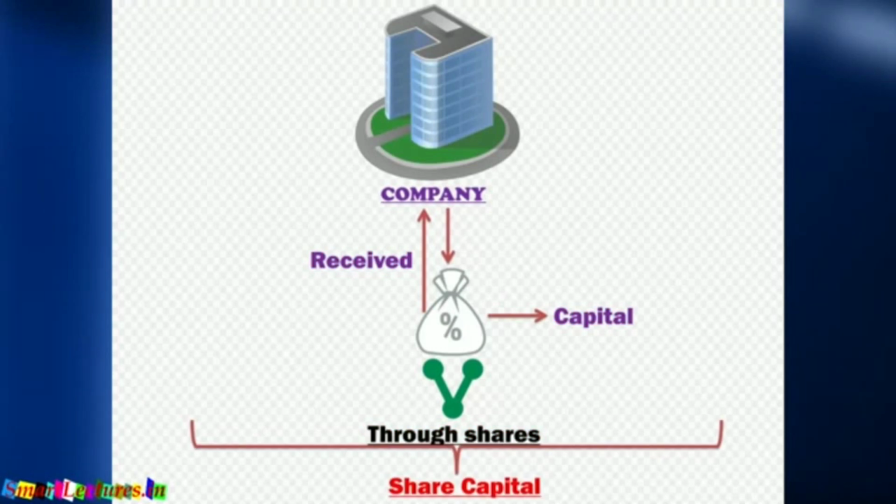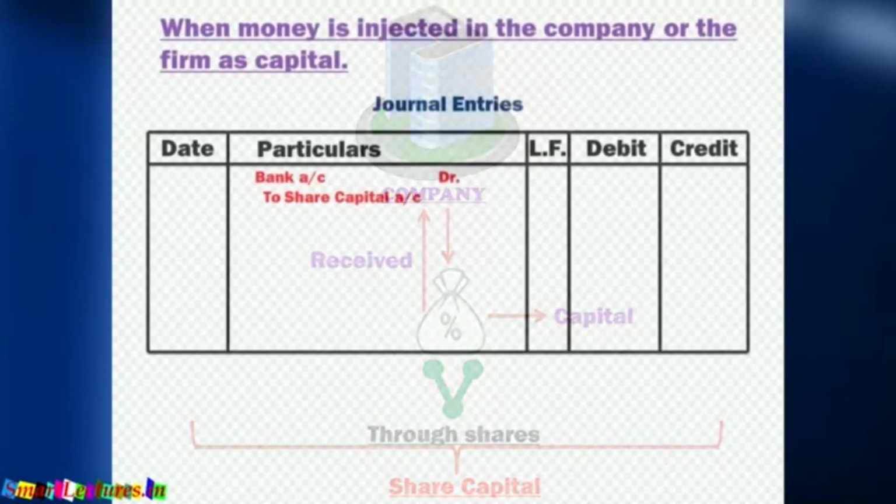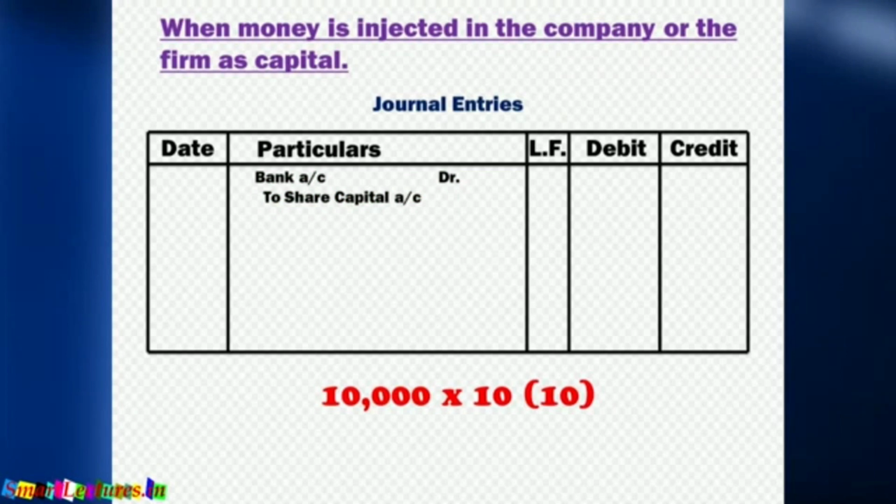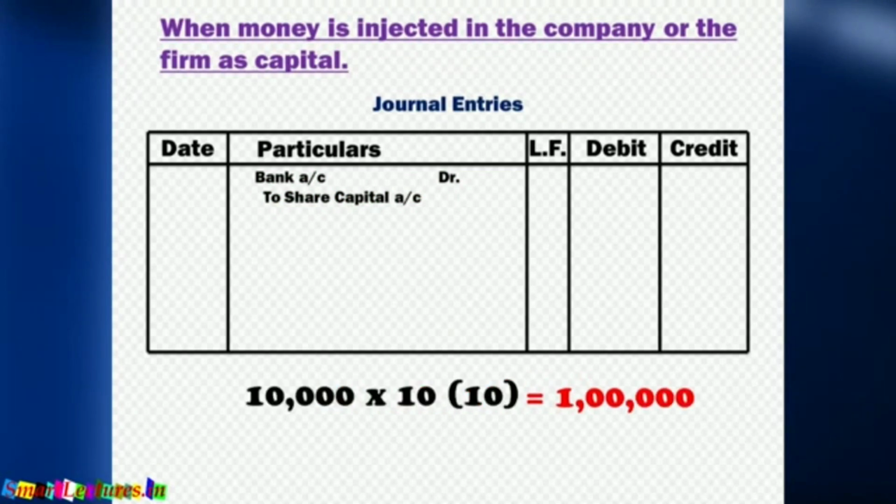So the proper journal entry should be bank account debit to share capital because we have received 10 rupees on 10,000 shares. So 10,000 into 10 is equal to 100,000. But be careful, this money of rupees 10 has come with the application. So we must involve share application account.